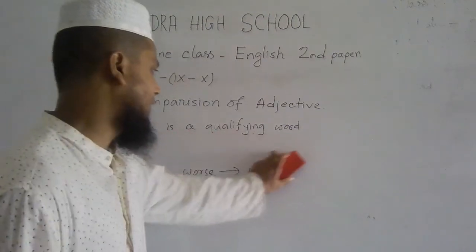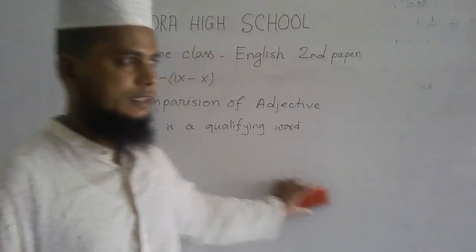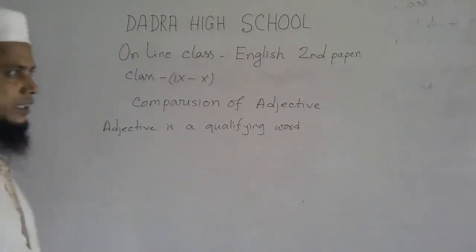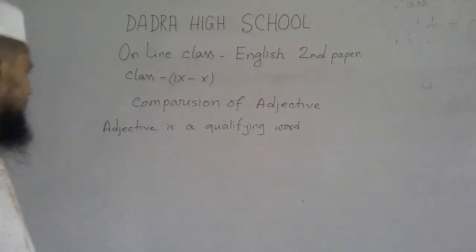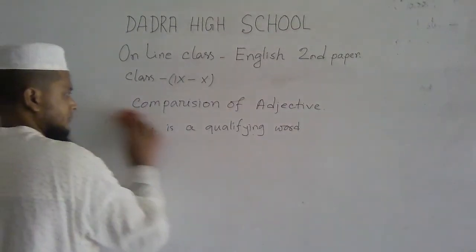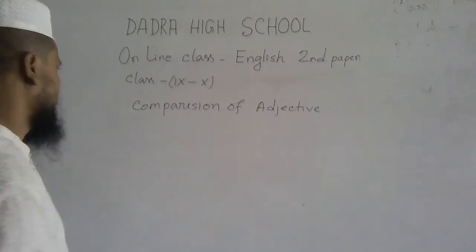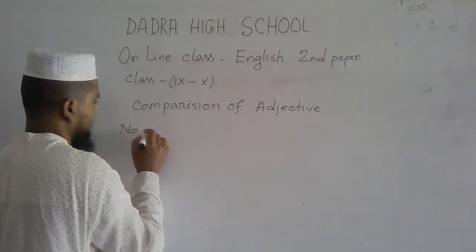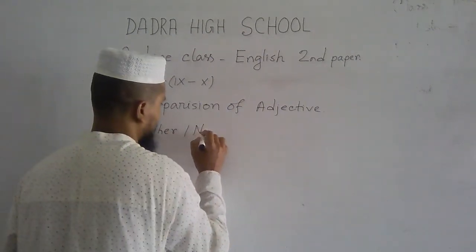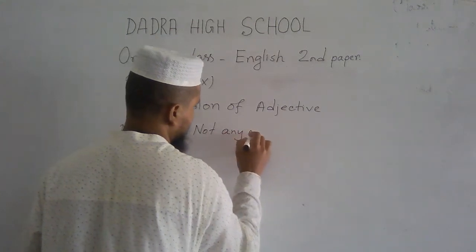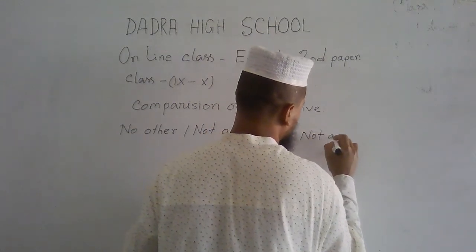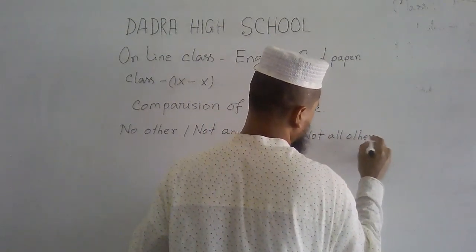Now I will discuss how we will change them in a sentence. If there is a positive sentence, how we make it comparative, how we make it superlative. Suppose there is a sentence that starts with no other, or not any other, or not all other.